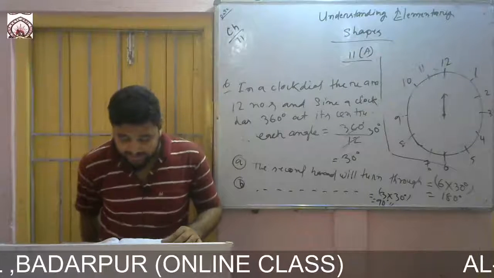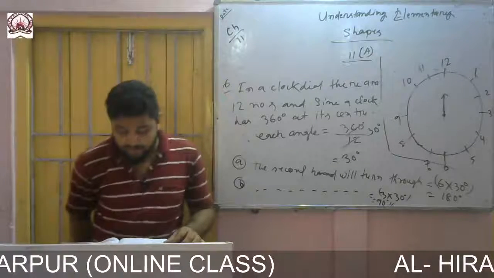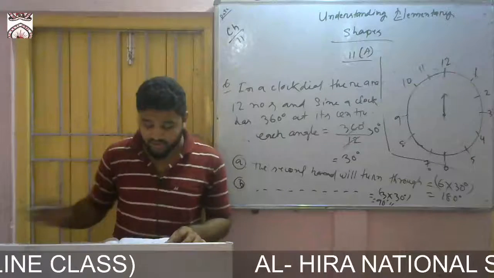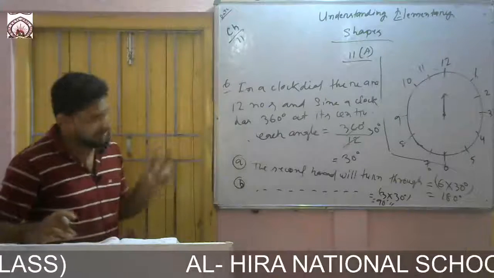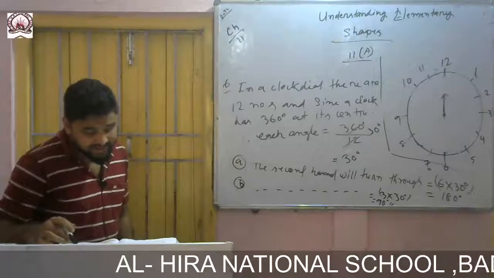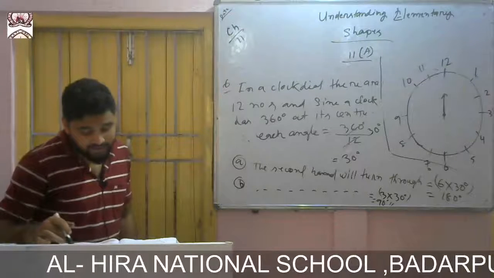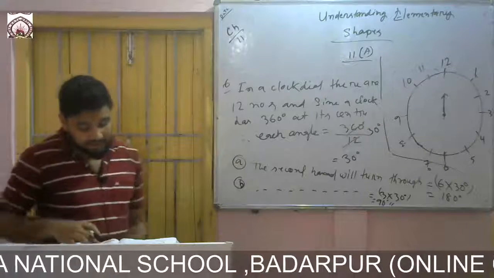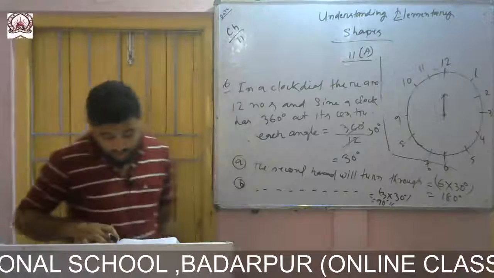The next question is: the second hand is at 10, it turns through 90 degrees, what figure does it reach? The second hand is at 10, so whenever it turns through 90 degrees, where does it reach?